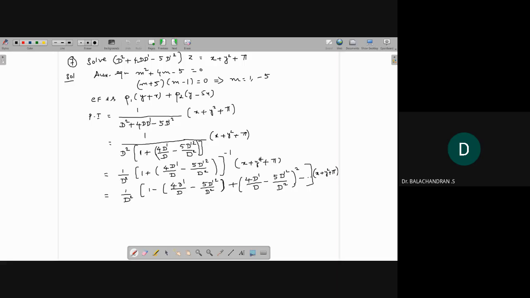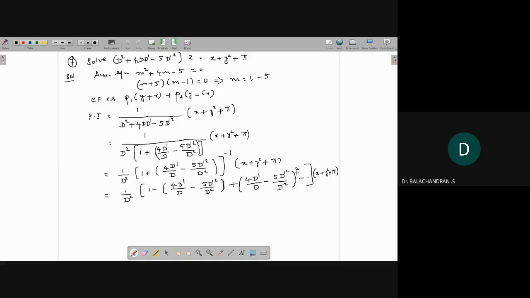Okay, so again, the expansion depends upon the power of y. So the power of y is 2. So that's why I'll write up to here, the x square term. If it is y cube, I need to write one more term. Okay, so 1 by d square, 1 minus x power minus 1 is 1 plus x plus x square. Before that, you can check it here.